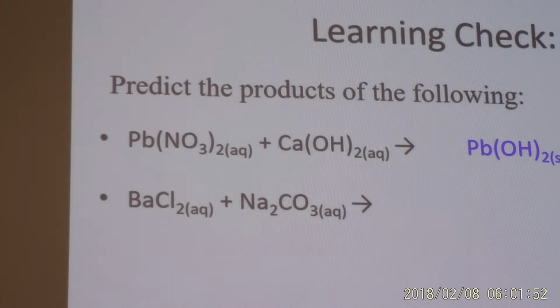What are the products over here, though? It's not one of these polyatomic ions, right? So you need 2 chlorines to balance out the charges of them.